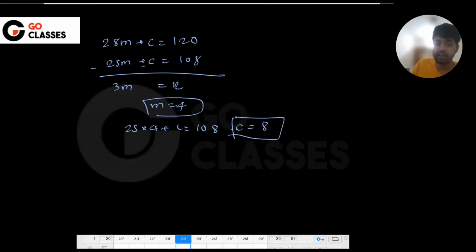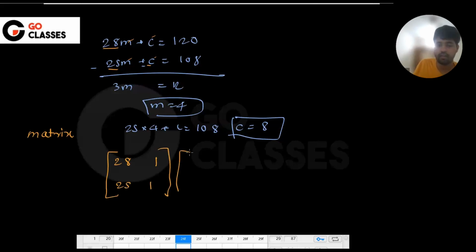Another way of writing it is using a matrix. The matrix way of writing it would be something like this: 28 1, 25 1, times the variables m, c.